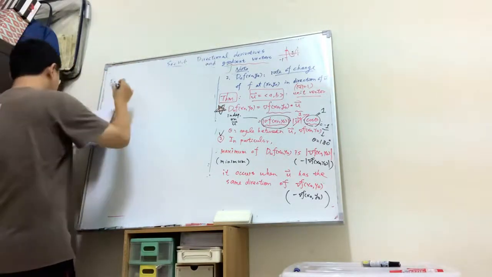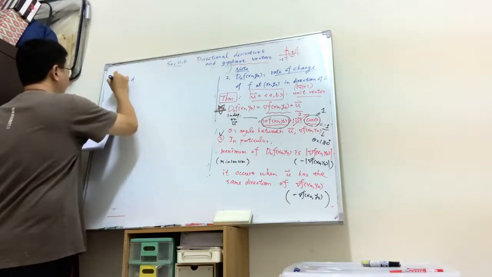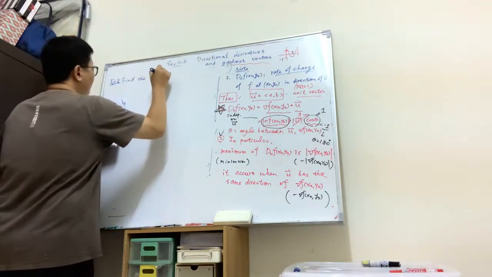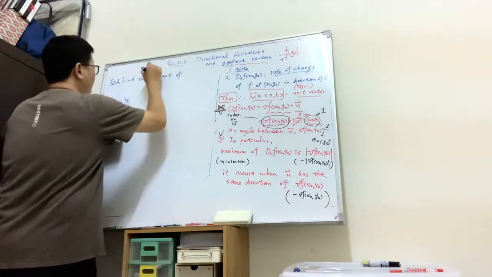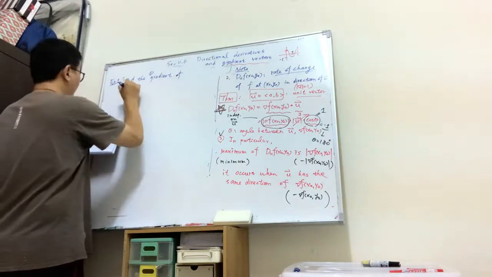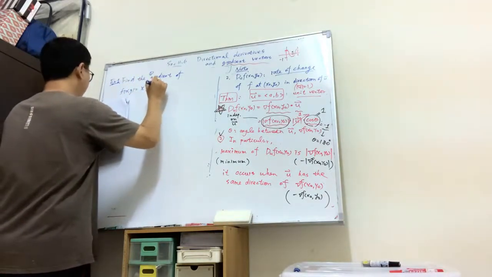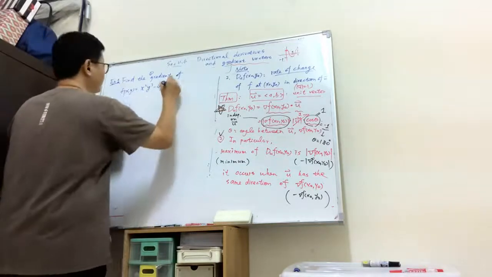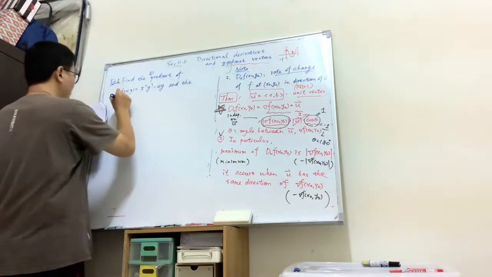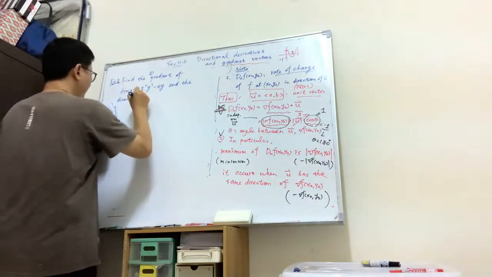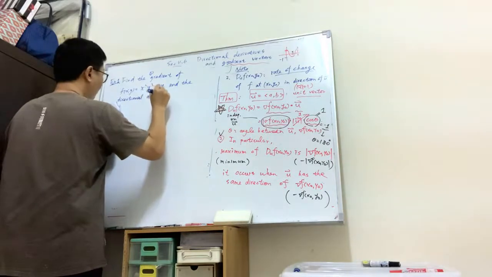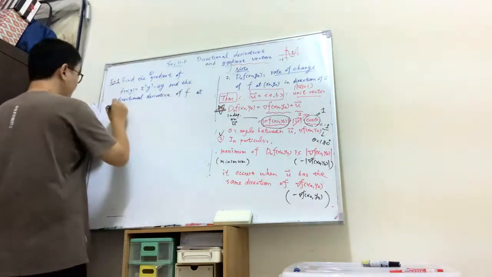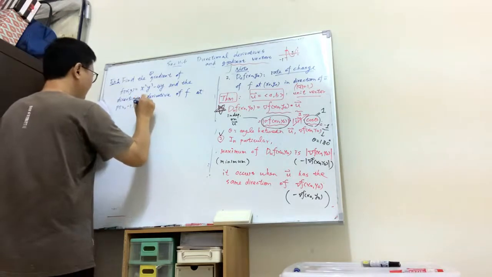Okay, here I'll give you some examples. First one, find a gradient of f(x,y) equals x squared y cubed subtract 4y, and the directional derivative of f at a point P (2, negative 1) in the direction.